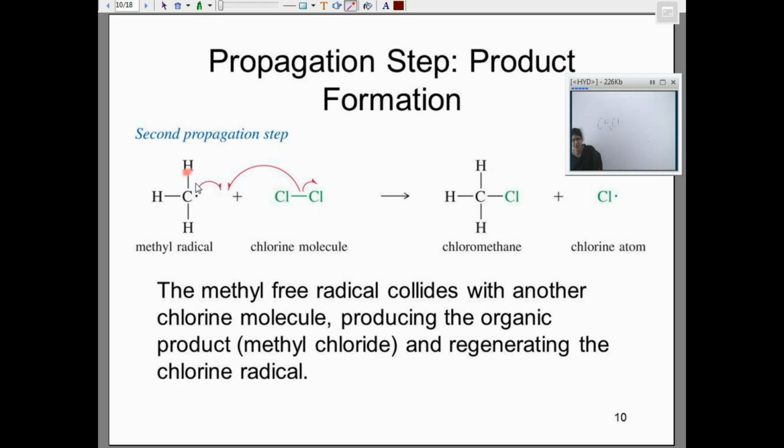So the methyl free radical collides with this chlorine molecule, and the bond is broken. Chlorine takes 1 electron and forms a bond with the methyl radical.